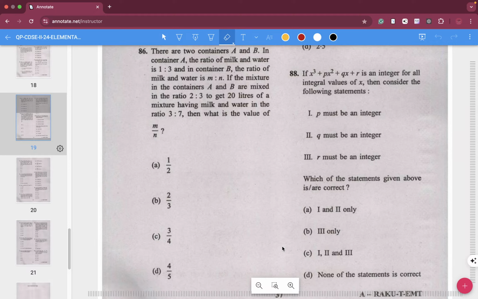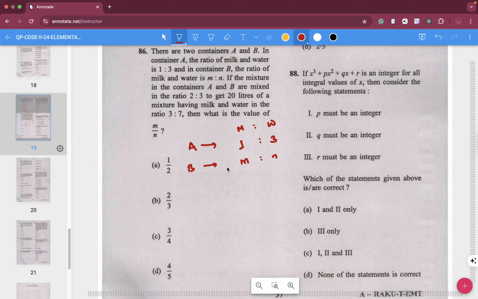Now this question will look a little bit complicated, but let's just try to understand. Container A, milk is to water is 1:3. Container B, milk is to water is m:n is what they are saying.